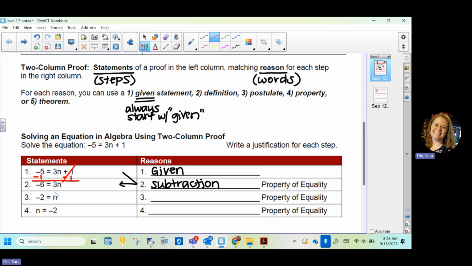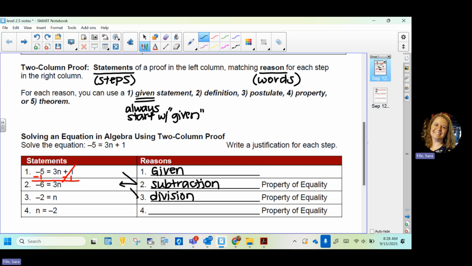Okay, now, how did they get from -6 equals 3n to -2 equals n? Where did the 3 go in front of the n? If you were solving this, how would you get rid of that 3, that coefficient? You would divide. So this is the division property of equality.